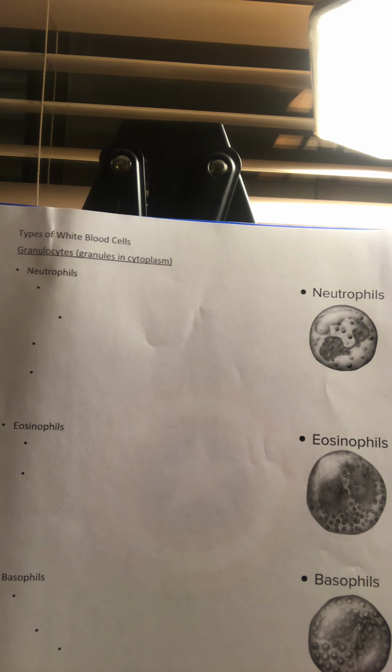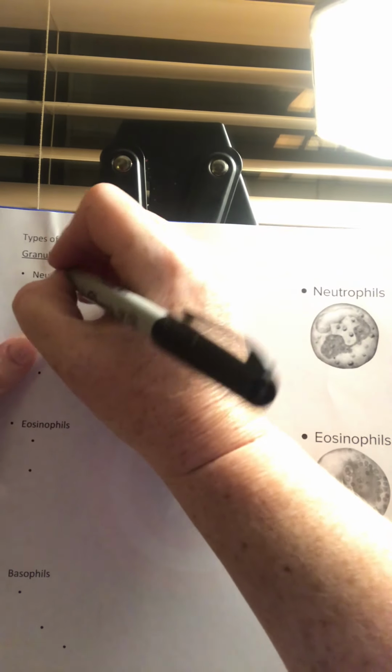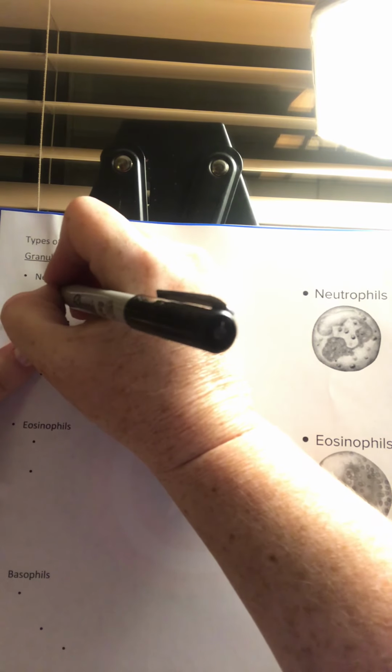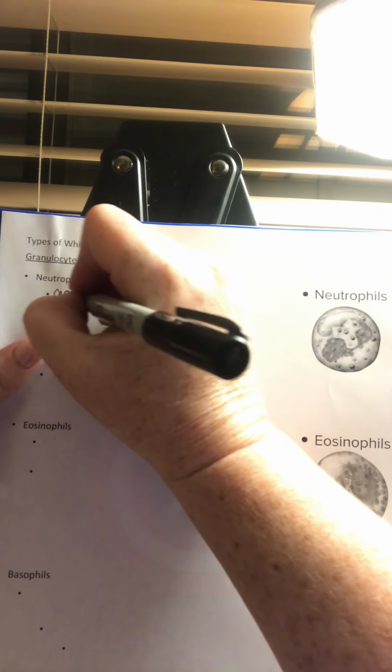Some of the characteristics of neutrophils: they are the first responder to a bacterial infection, because remember I told you that different types of white blood cells respond to different types of invaders. So for bacteria, neutrophils are the first line of attack.